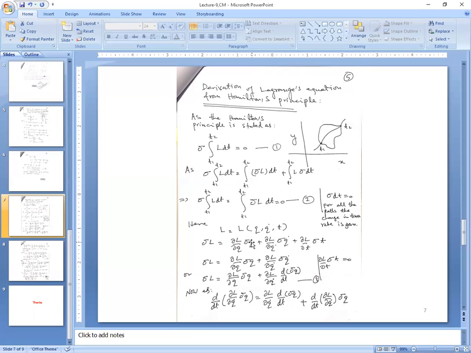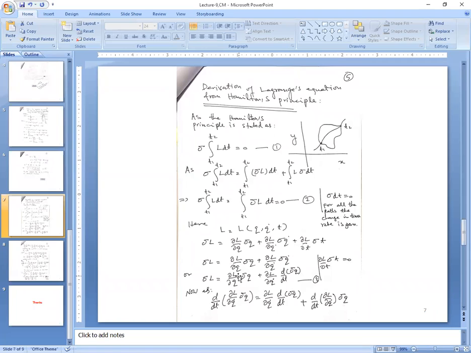Now, we know that the Lagrangian is a function of the generalized coordinate, generalized velocity and time. The differential of L in terms of delta we can write, this is the famous equation we have done several times in the previous classes. This term again will become 0, by virtue of the time interval from all the paths being 0.